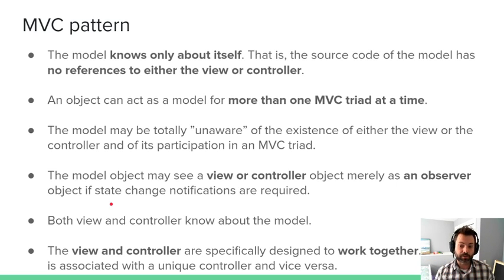In this case, it could be a view or a controller, just depends on how your application is set up. Let's say I put an alarm clock in my phone system and it's an MVC pattern, right? 7 a.m. rolls along, alarm goes off. Let's say that my model is keeping an eye on the time.